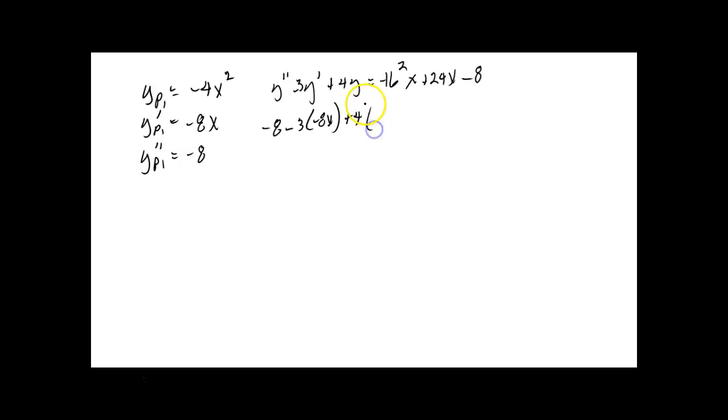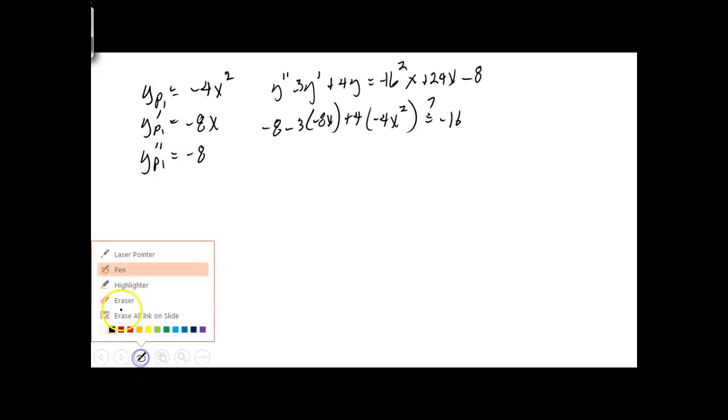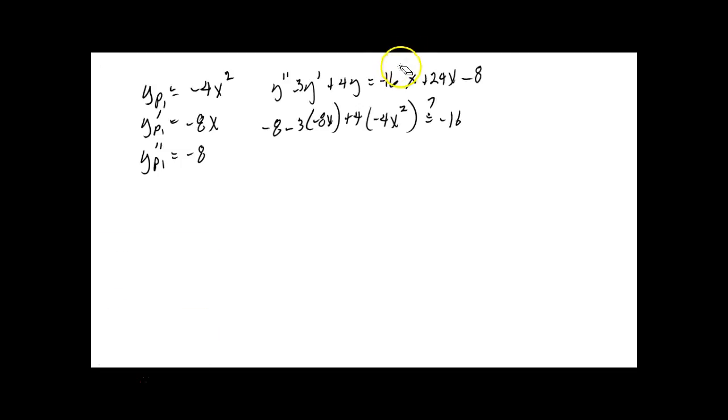Minus 4 times, or plus 4 times negative 4x squared. Is that equal to minus 16? Goodness gracious, did I ever write that funky? Minus 16x squared, not 16 squared x. Duh. And y'all didn't catch it.